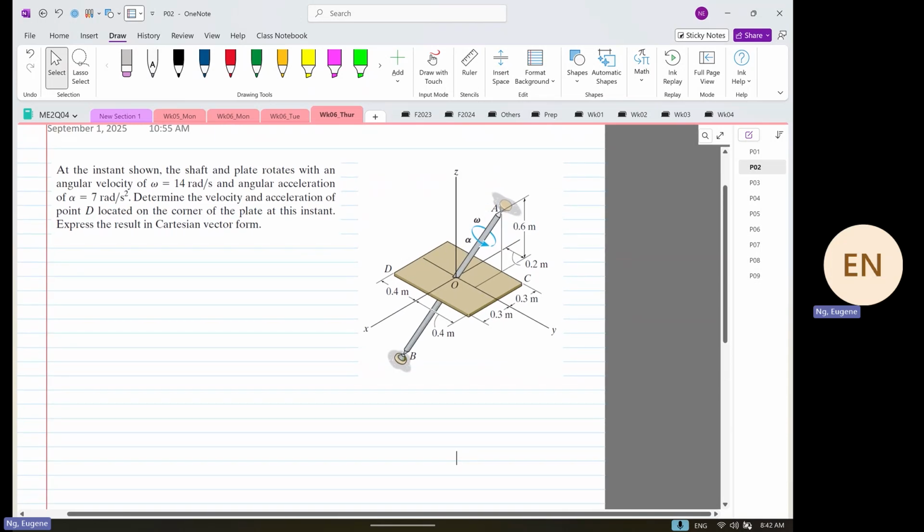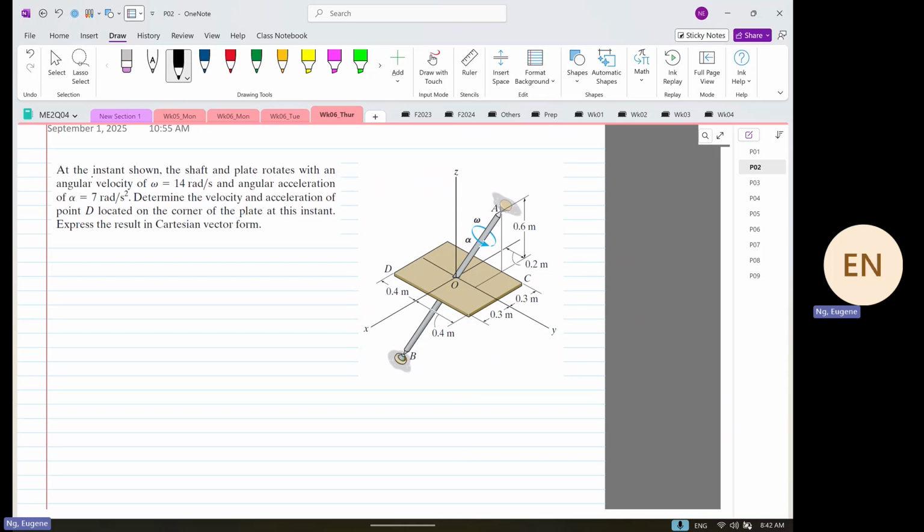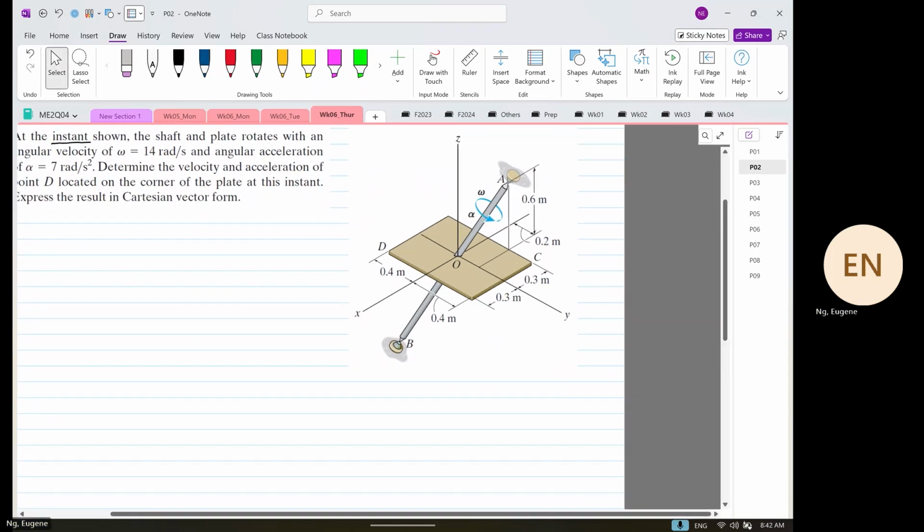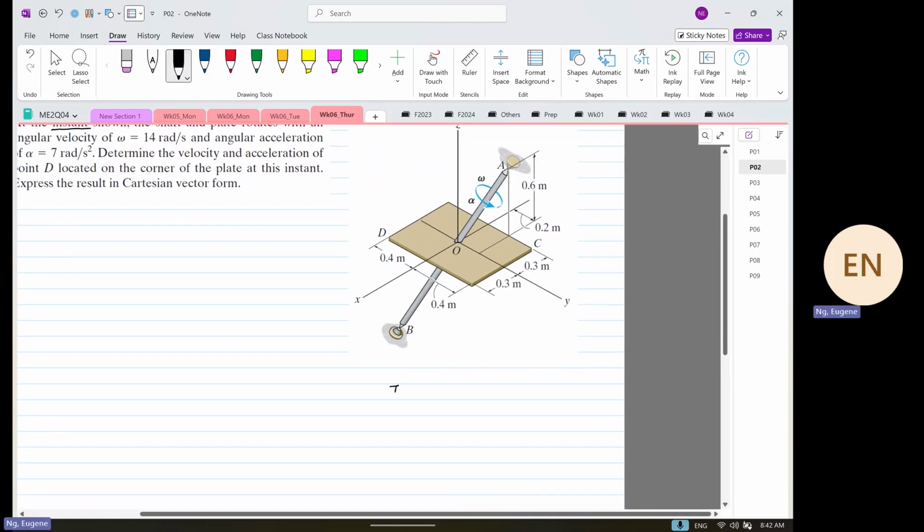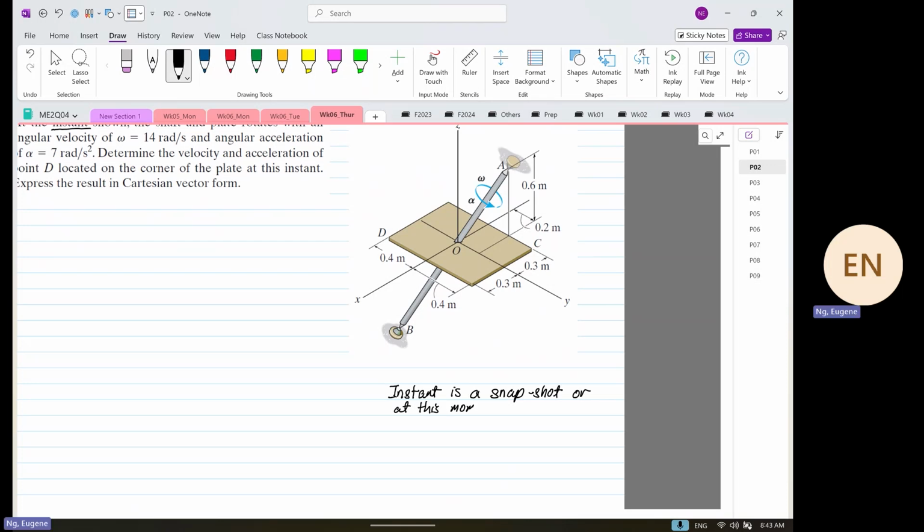So at the instant shown, when they say the word instant, an instant is a snapshot, or at this moment only.